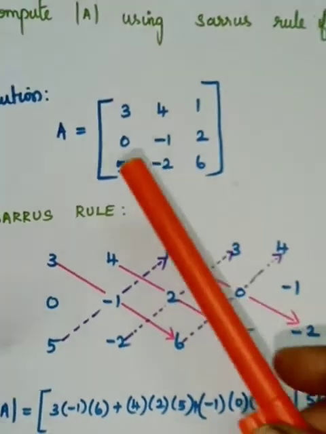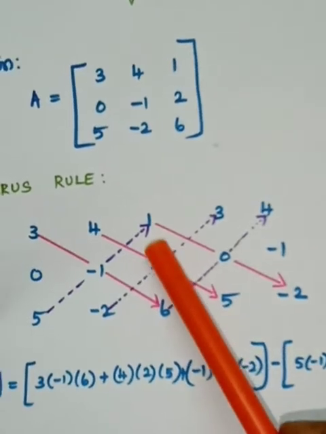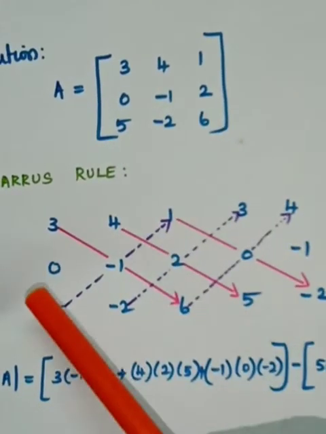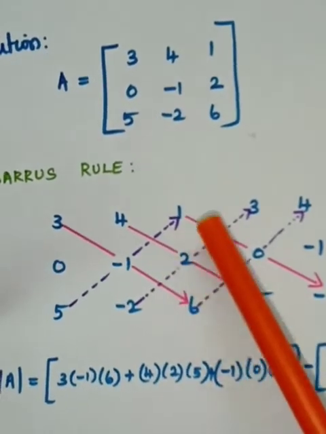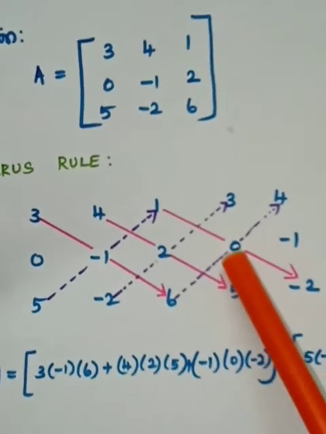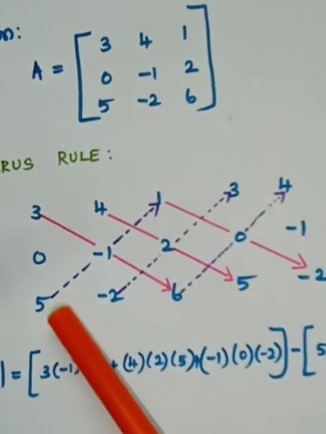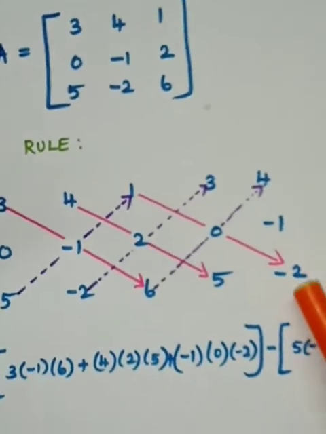Take the first row, 3, 4, 1. Again you have to write 3 and 4. Take the second row, 0, minus 1, 2. Then repeat the first two elements again, 0, minus 1. The same way, third row, 5, minus 2, 6. Again, 5, minus 2.